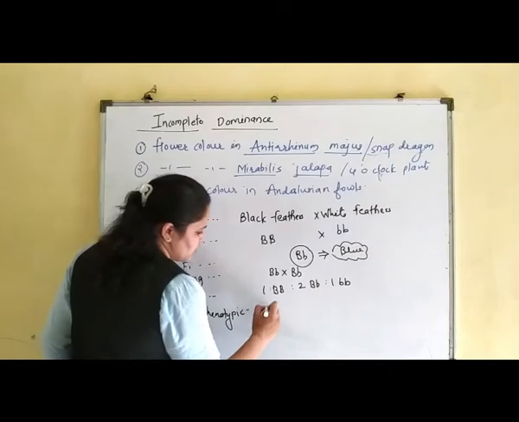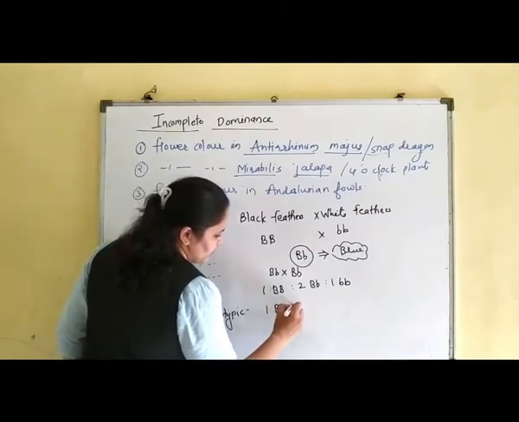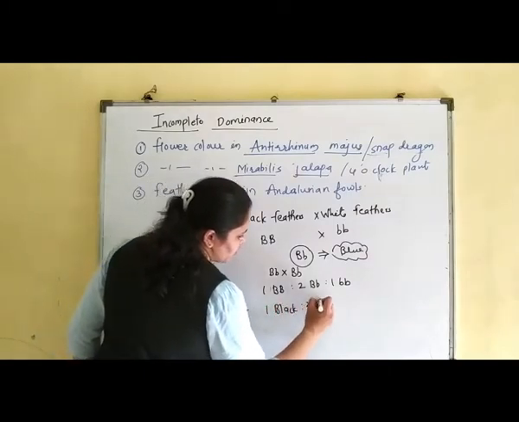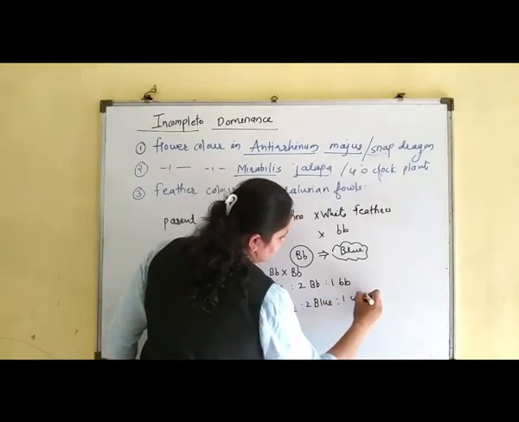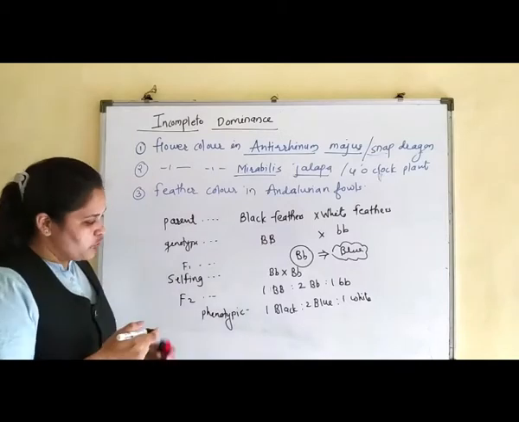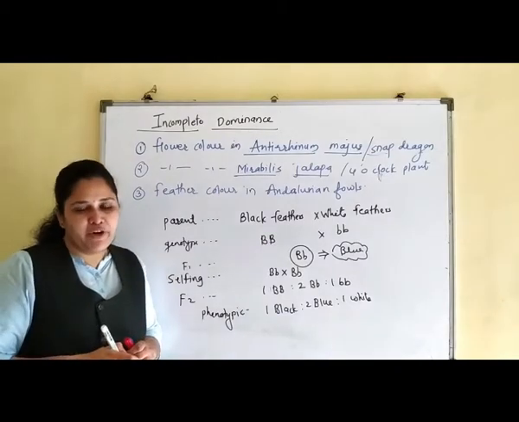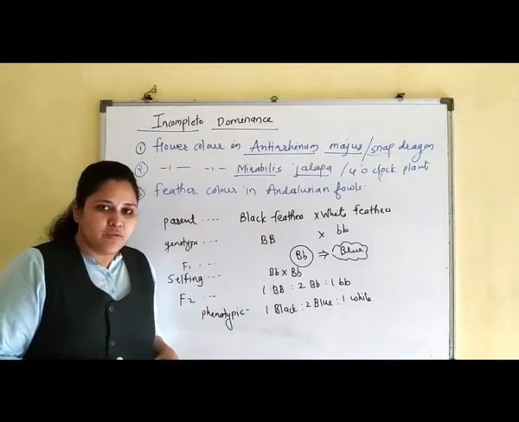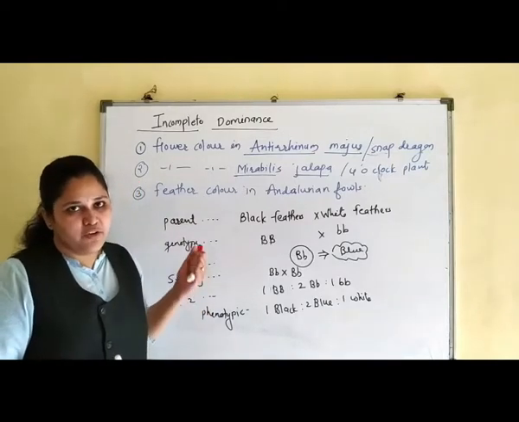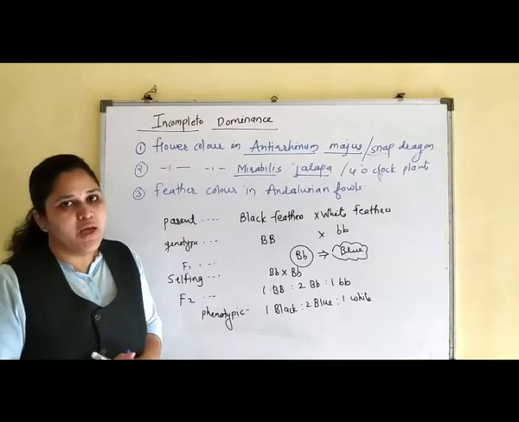Now this is 1 black to 2 blue to 1 white. Fine. So in case of incomplete dominance, the hybrid offspring shows intermediate expression, which is not similar to the dominant or to the recessive.